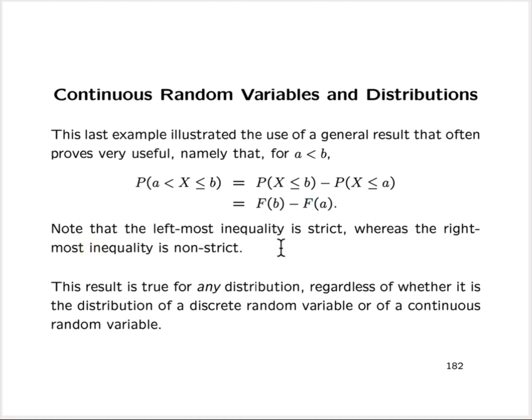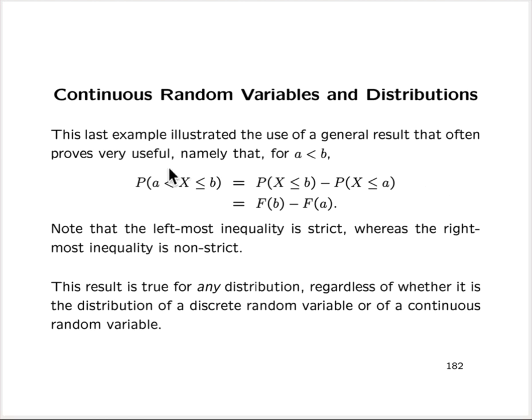So the leftmost inequality here is strict, but the rightmost inequality is non-strict. It's less than or equal to. Now, this result is true for any distribution, regardless of whether it is the distribution of a discrete random variable or of a continuous random variable.